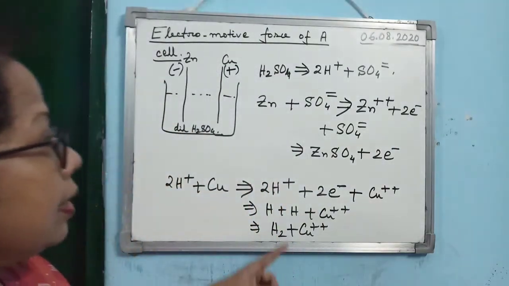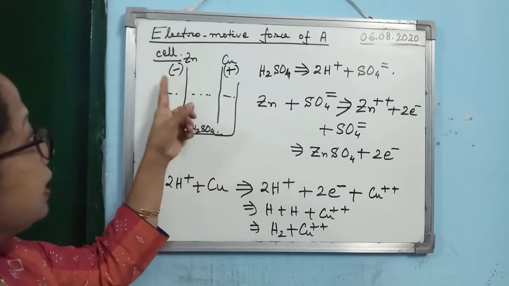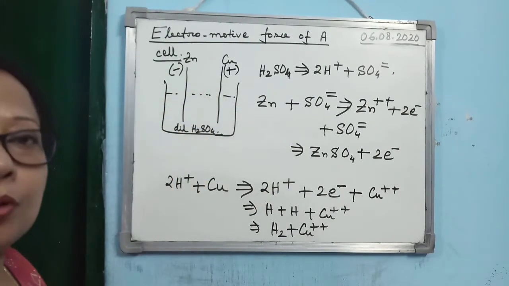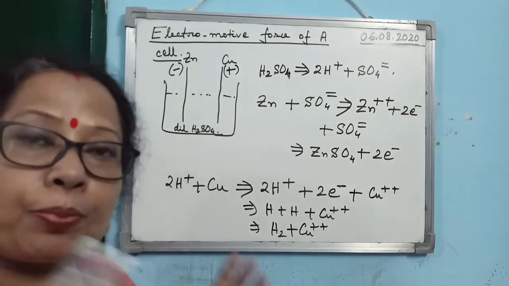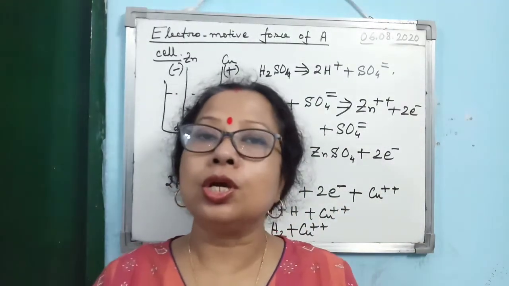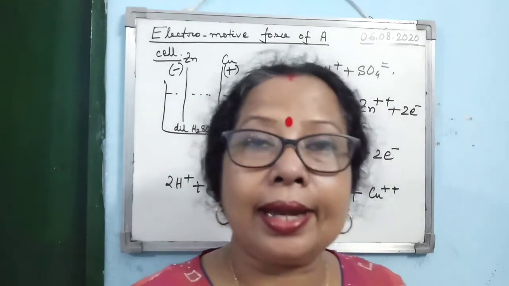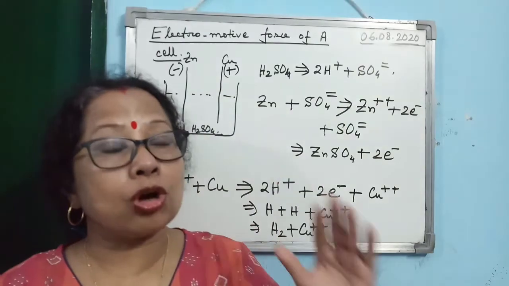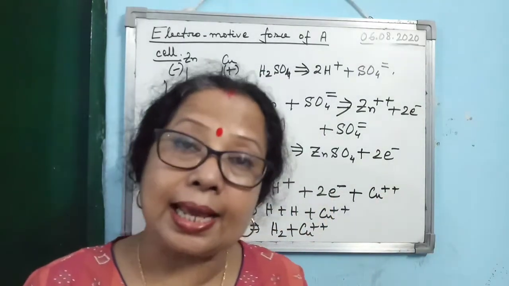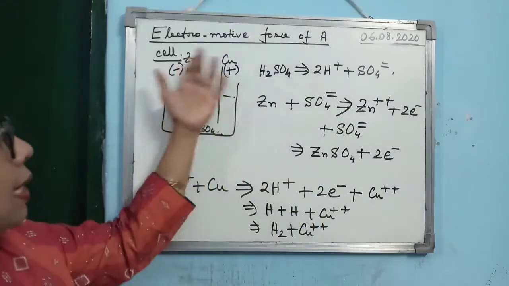So what I said, due to this reaction, zinc is gaining negative potential and copper is gaining positive potential. So a potential difference will be generated across the electrodes. When the cell is not giving current in the outer circuit, we say the cell is in open circuit.